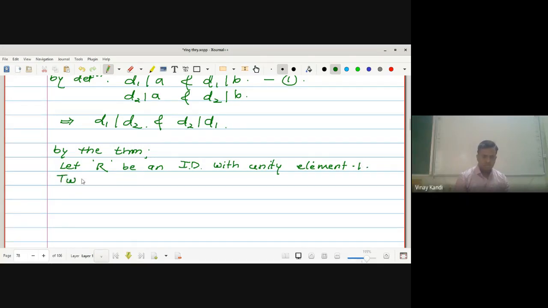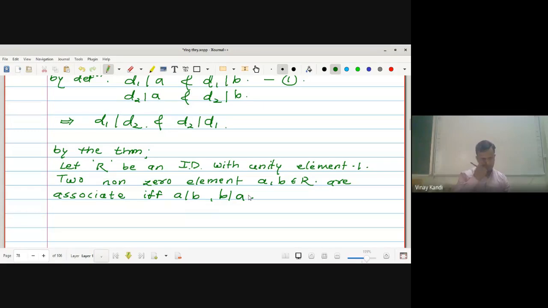The two non-zero elements A and B belonging to R are associates if and only if A divides B and B divides A. In the textbook by A. R. Vasishtha, this theorem is used directly.